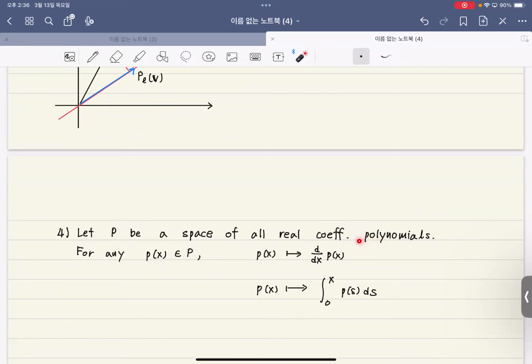And this is clearly a vector space, because you can add two real coefficient polynomials, and you can also multiply any polynomial by some scalar. So this is a vector space. The derivative, which is a formal derivative, and the integral, which is the antiderivative, the indefinite integral, are obviously linear. The derivative itself and the indefinite integral can be considered as linear transformations on this space.